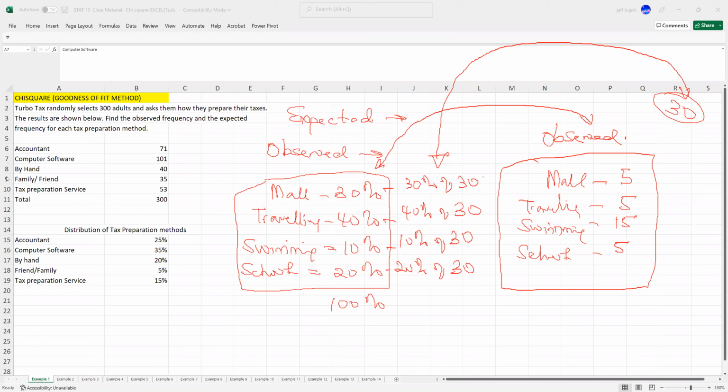And if there is enough to prove that there's a difference, then I can reject it. But if there's not enough, then I will fail to reject it.